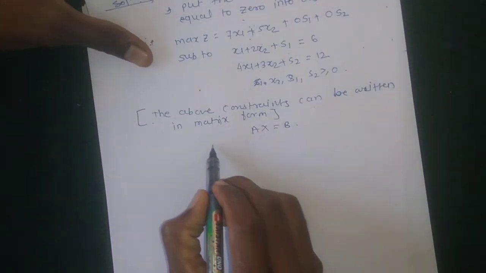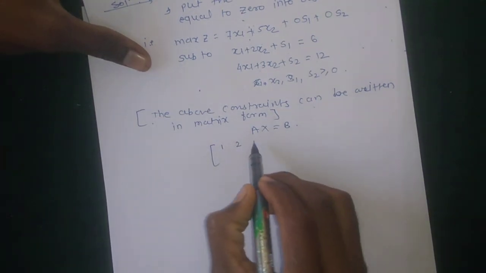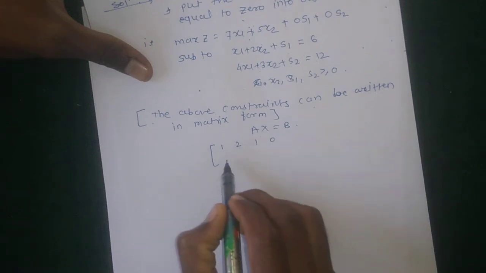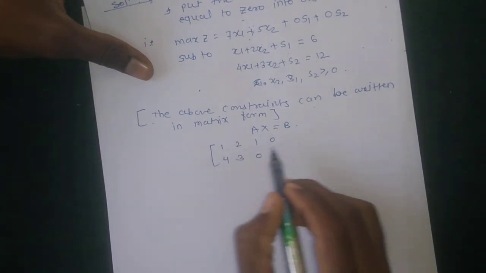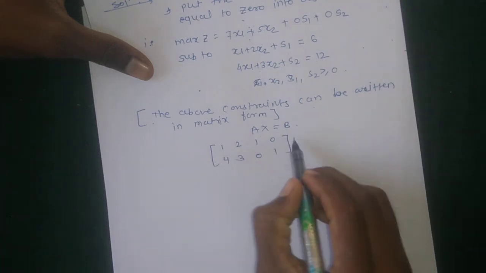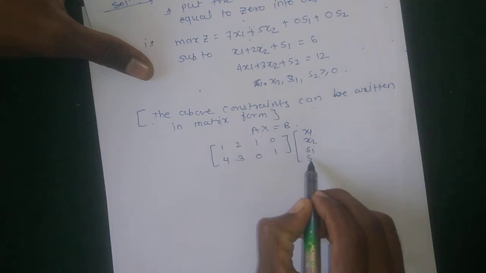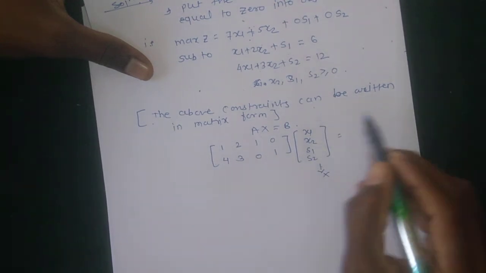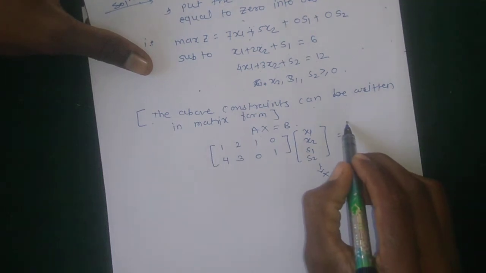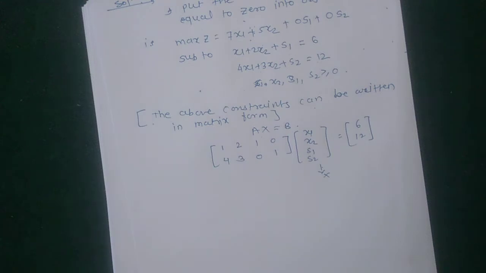The first row coefficients are 1 2 1 0, then 4 3, the s1 coefficient is 0 and the s2 coefficient is 1. Here x is x1 x2 s1 s2, and b is 6 and 12.